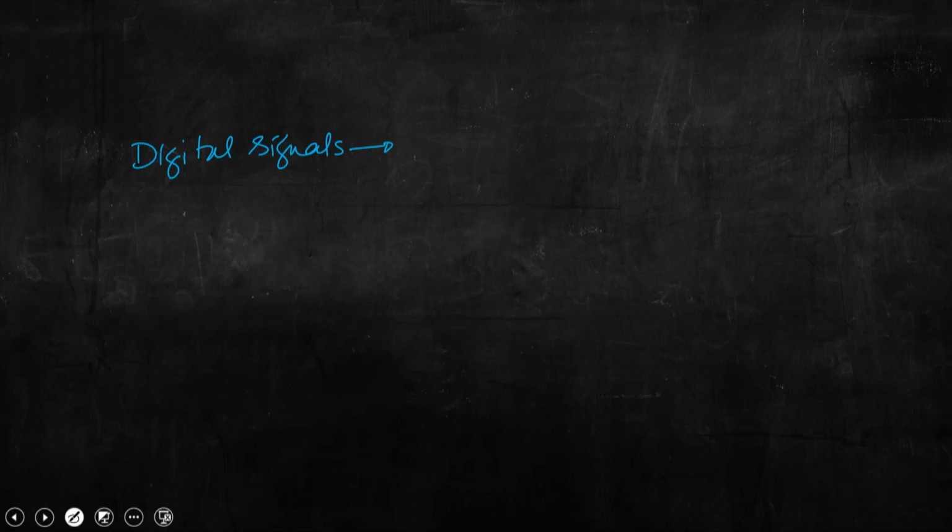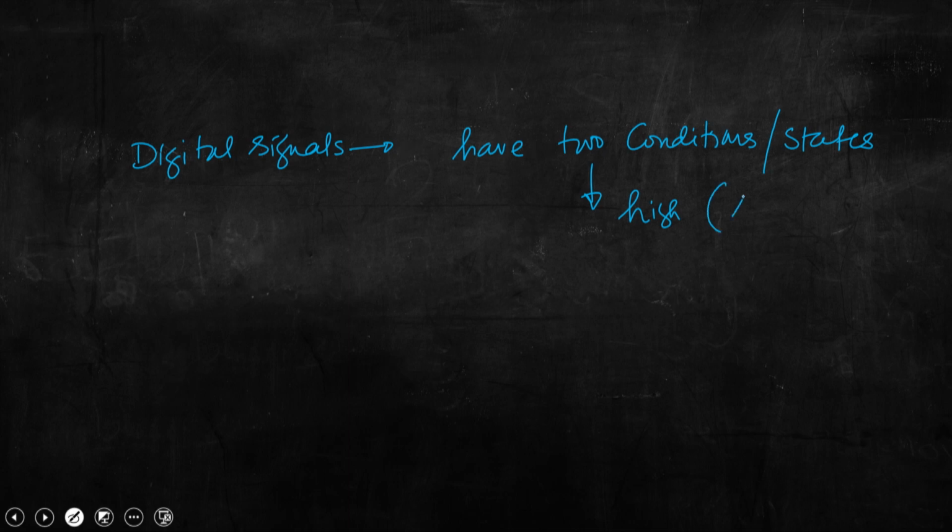So, digital signals have two states: one is high level or high state, logical 1, and number 2 is low level or low state, logical 0.